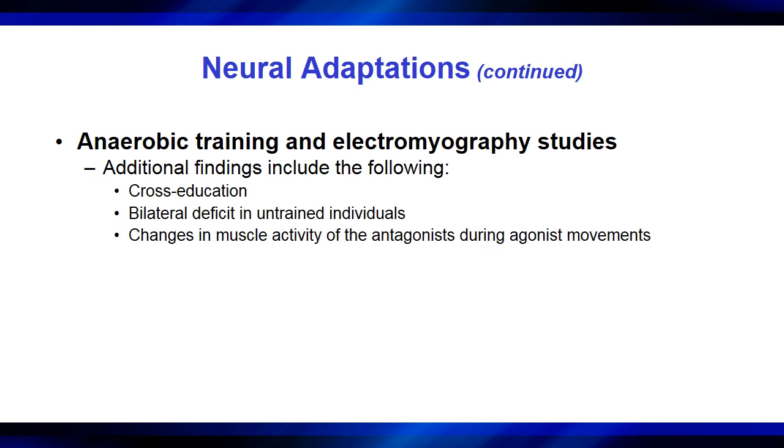Again, the agonist muscle is the muscle that produces movement. The antagonist is the muscle on the opposite side. And antagonist muscle groups also respond with strength training. In most instances, co-contraction of the antagonist serves as a protective mechanism to increase joint stability and reduce injury. The problem with that is if you get too much opposition, it's going to limit your force production.